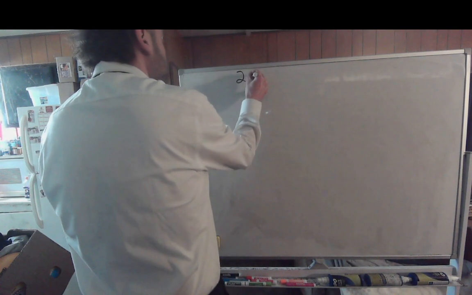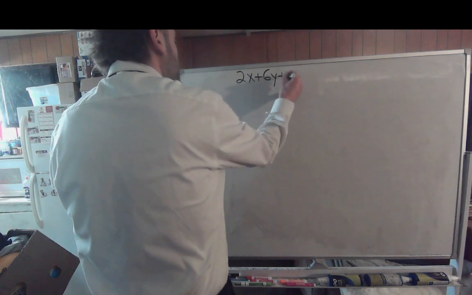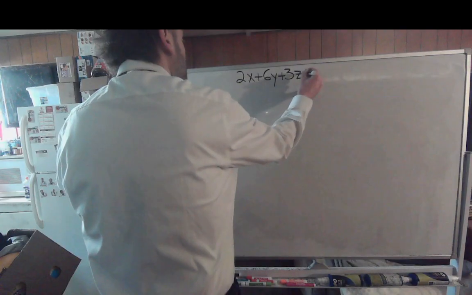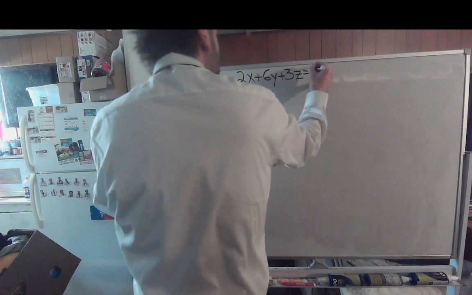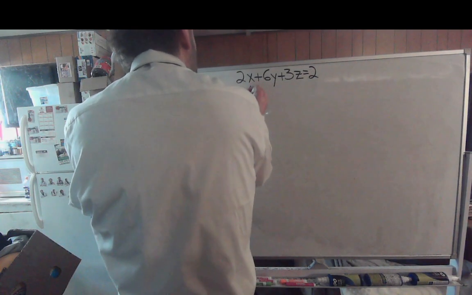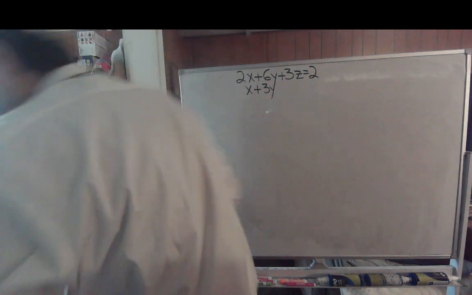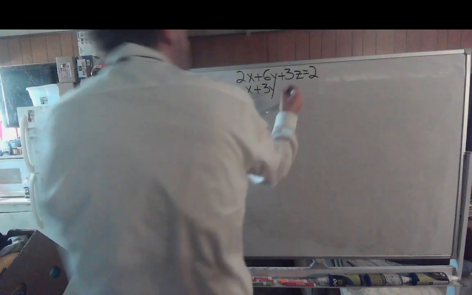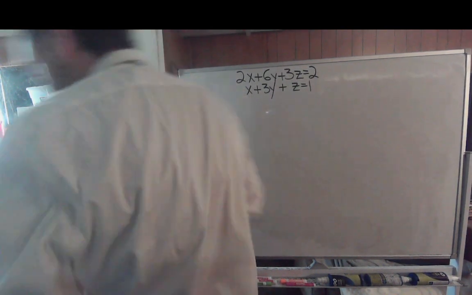So let's see here. We have 2x plus 6y plus 3z is equal to 2. We have x plus 3y plus z equals 1.